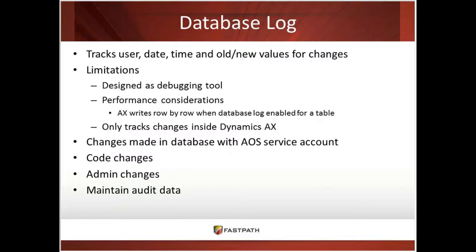So when you go to those different systems, it's going to be different, but the one thing to be aware of is that the database log does not handle code changes. So we need to make sure that we have other processes that allow you to do that, because we want to monitor what's going into our system and understand what code changes are in there.